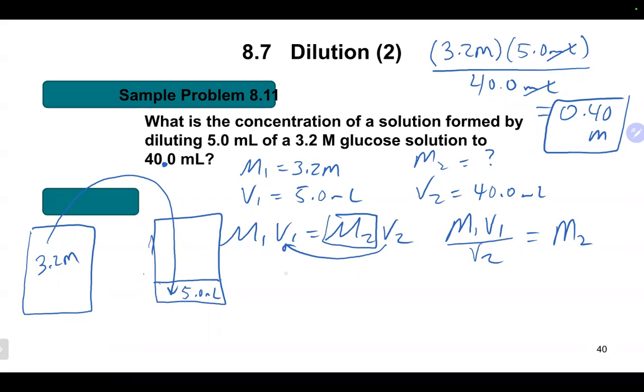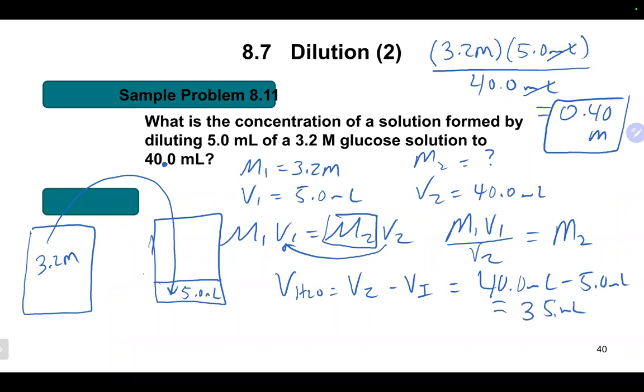So a very common dilution question is basically how much water would you add? And to find that, a lot of times it is just taking V2 minus V1. I'm going to end up with 40 milliliters in this case. I already put in there 5 milliliters. That means we need about 35 milliliters there. Not 350, 35 milliliters of water in this case.